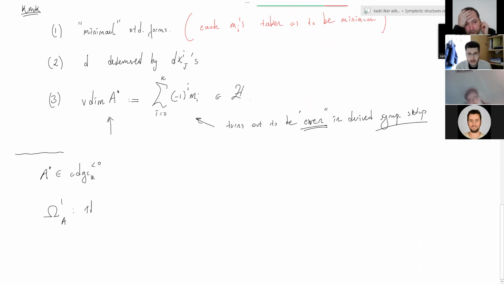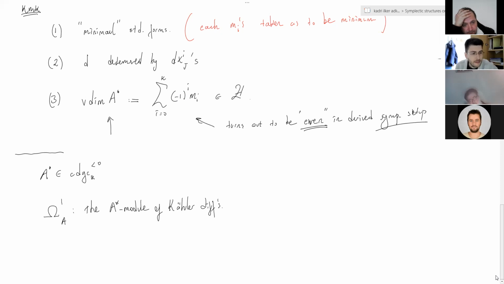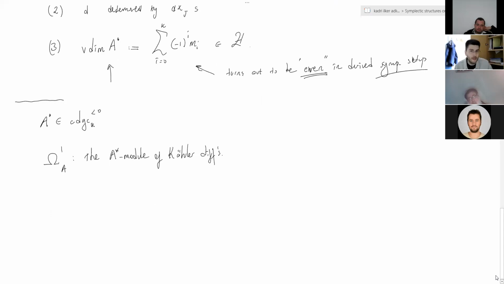So this thing is the usual A dot module of Kähler differentials. Okay, we know this thing. By using this notion, we can define, so remember, we just try to mimic the procedure in the usual symplectic geometry or differential geometry. We need forms, right? Somehow we need to define forms. And somehow we need a cotangent space or the analog of it.